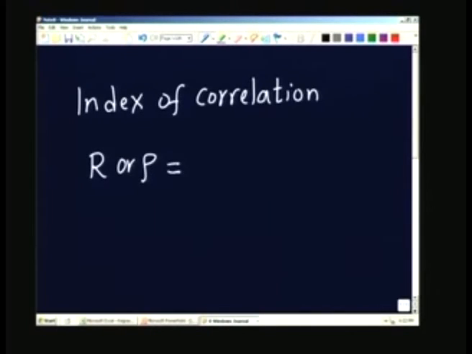From the context it will be clear what we are talking about. It will be plus or minus square root of. I am going to again define such that if this index of correlation is very close to +1 or -1, I get perfect correlation. If it is very small, I will have to make sure that that represents a poor correlation.